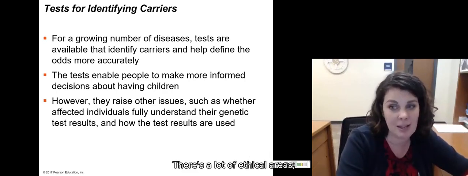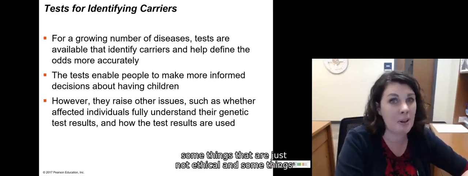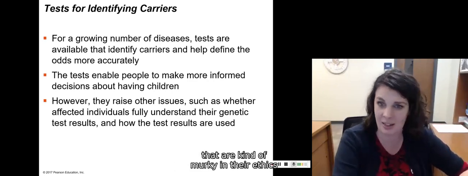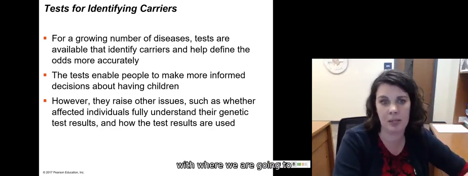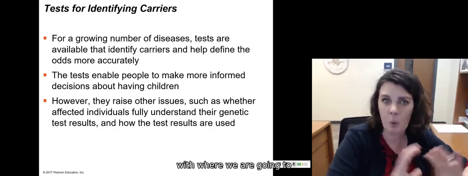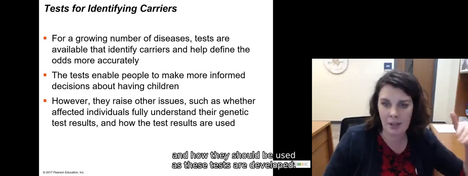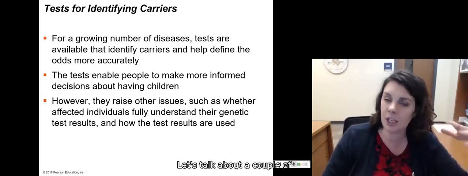There are a lot of ethical areas, some things that are just flat out not ethical, and some things that are kind of murky in their ethics that we still, as a society, have to grapple with, where we're going to fall in developing these tests and how they should be used as these tests are developed.